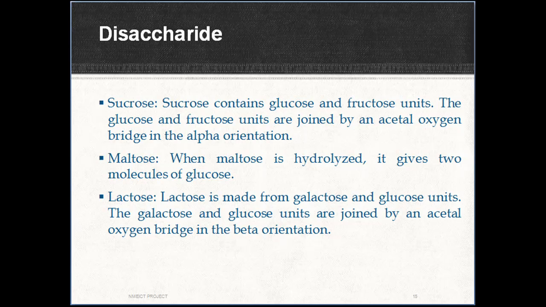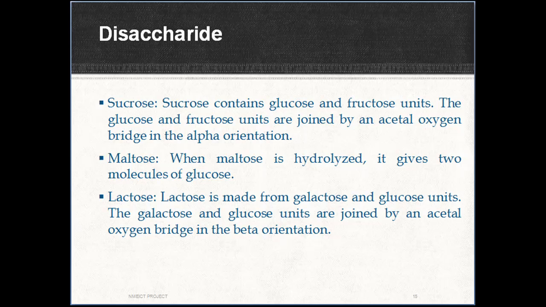Sucrose contains glucose and fructose units. The glucose and the fructose units are joined by an acetal oxygen bridge in the alpha orientation. Refined sugars and brown sugars contain almost 100% sucrose.